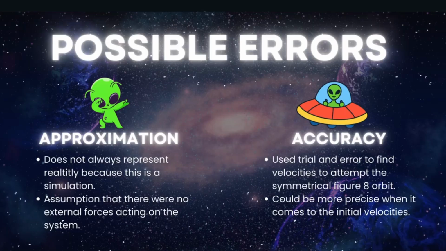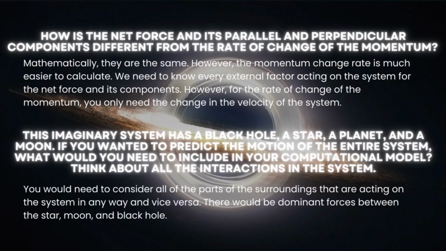And the code that we were provided for the second part didn't run long enough for the figure-8 to form, only for it to begin to form. So it could be more precise when you come to part 2 of the lab, but with what we were given, these were the answers that I got.